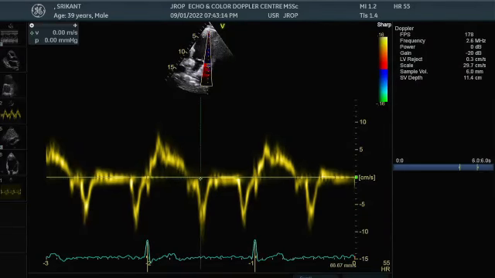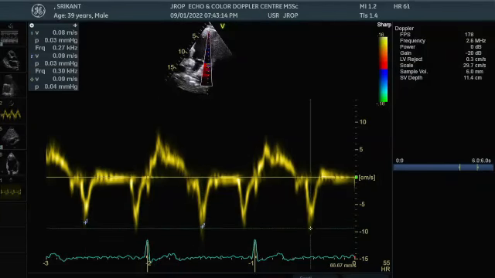Now this is E prime over here. First wave E prime. Second, third, almost 8, 9, 8, 9, when he was respiring. Otherwise, at end respiration it is always the same.